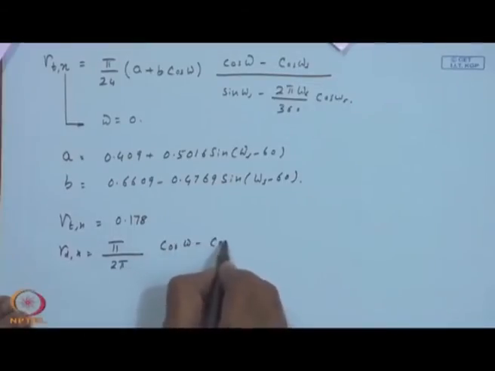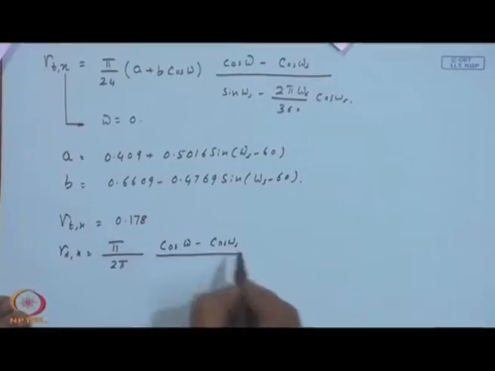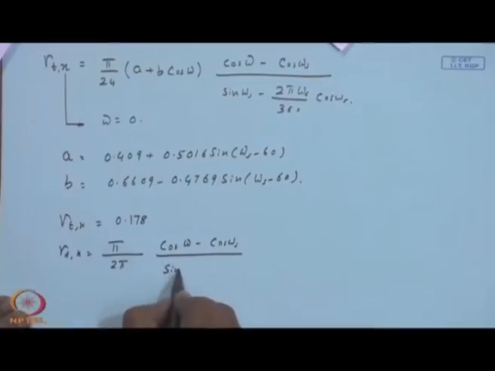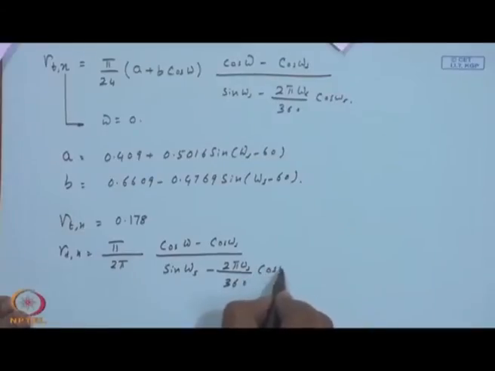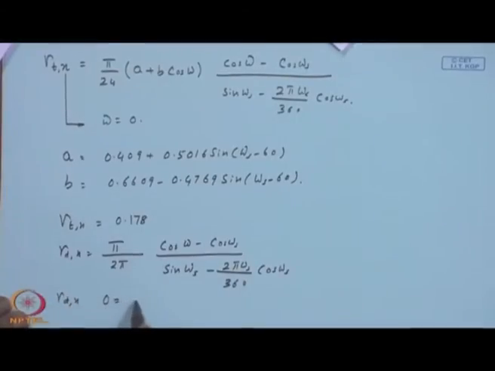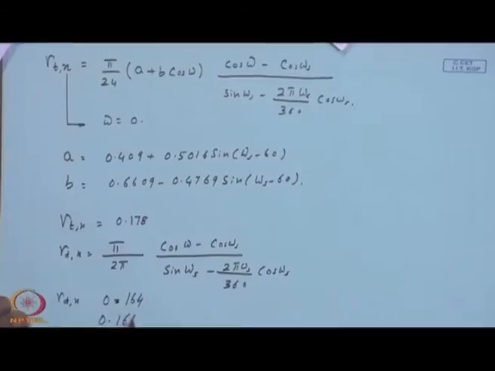Cos omega minus cos omega s by sin omega s minus 2 pi omega s by 360 cos omega s. This is 0.164. Let me repeat, 0.164.